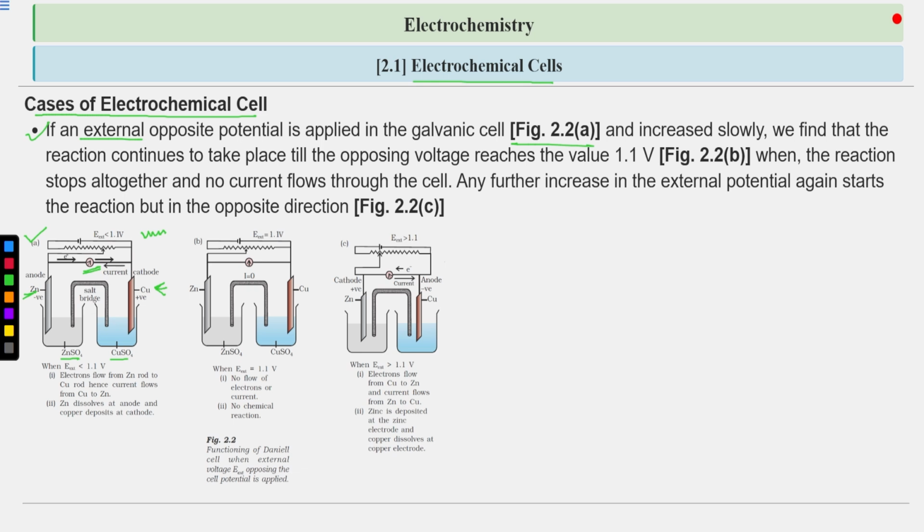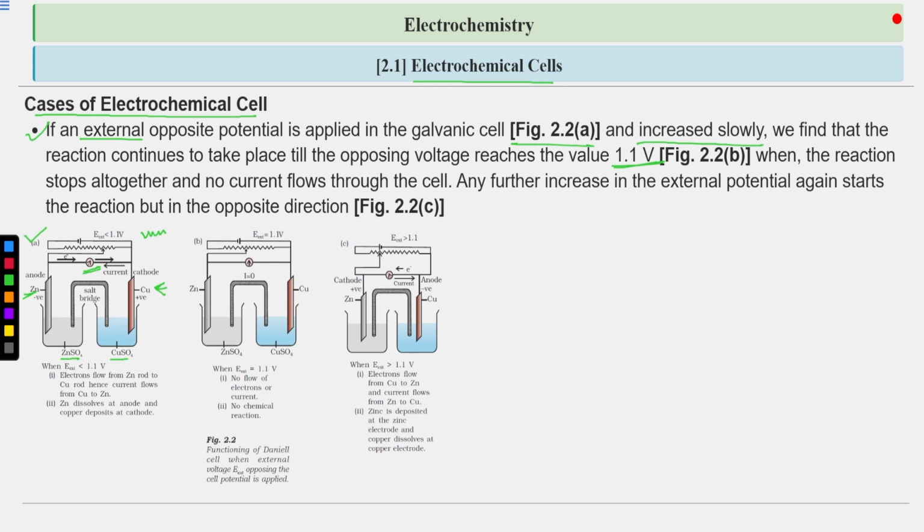Now what we are saying is that if an external opposite potential is applied in the galvanic cell and increased slowly, we find that the reaction continues to take place till the opposing voltage reaches the value of 1.1 volt.